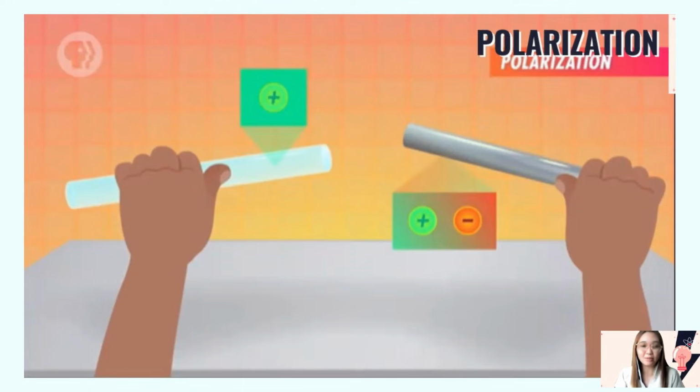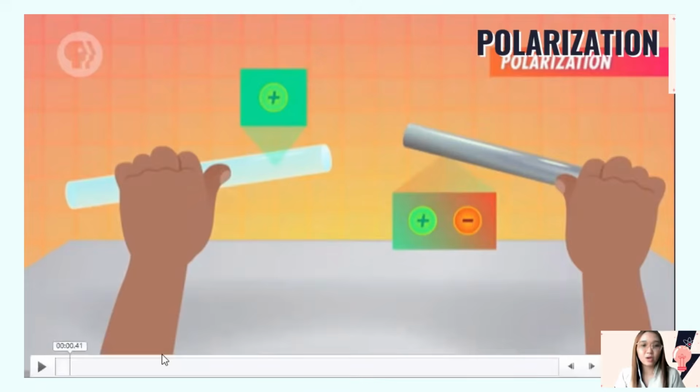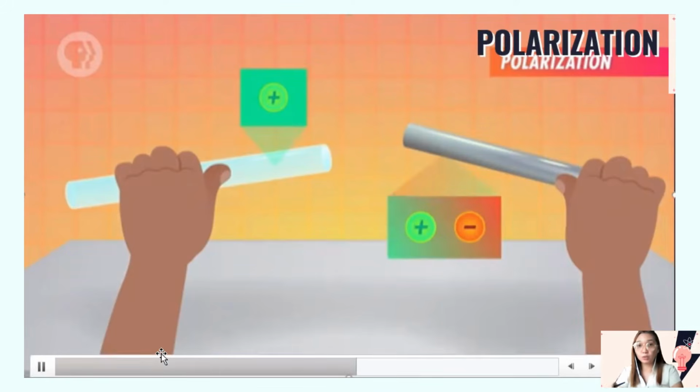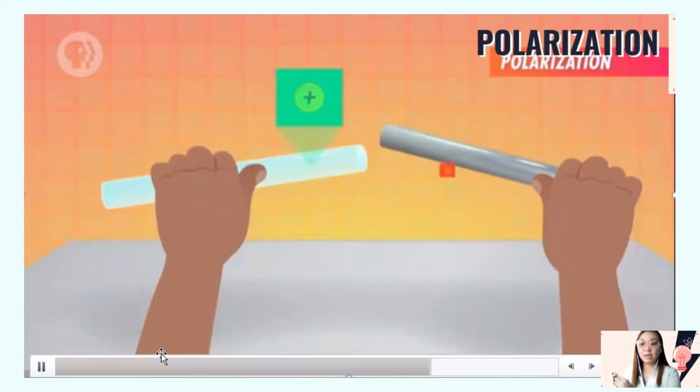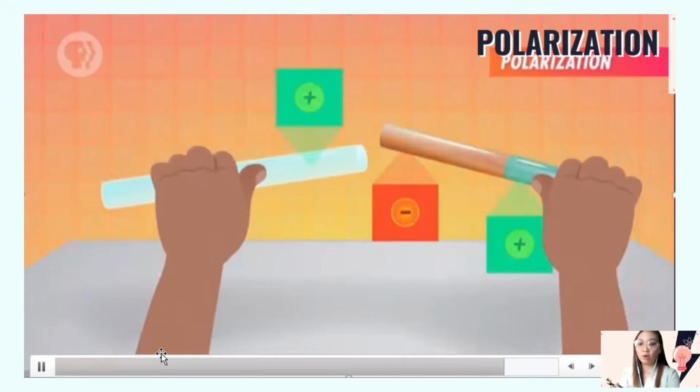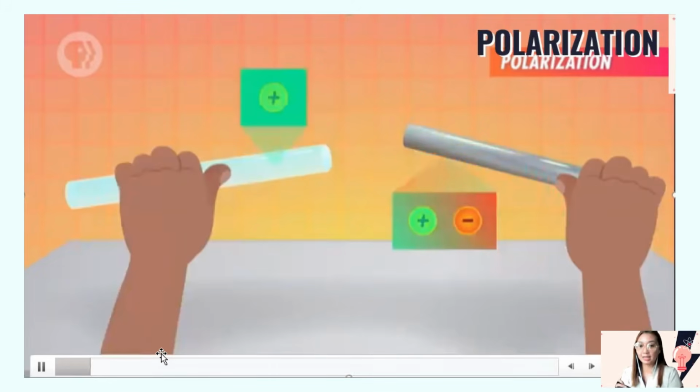Paglalapitin mo silang dalawa. Kapag pinaglapit mo na silang dalawa, ang tendency ni electron is to pair with a lone positive charge or with a lone proton. So, ang tendency niya mag-move dun sa kabilang side, tapos iwanan niya yung positive protons dun sa kabila.